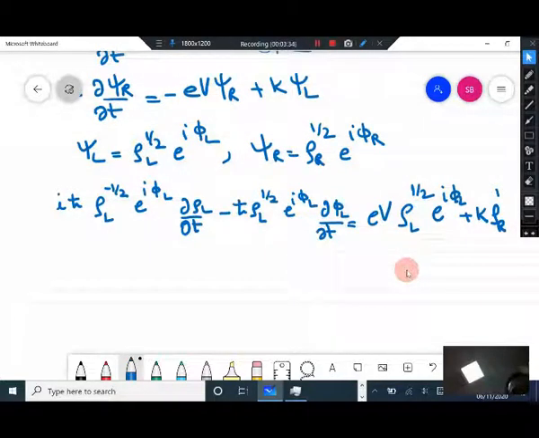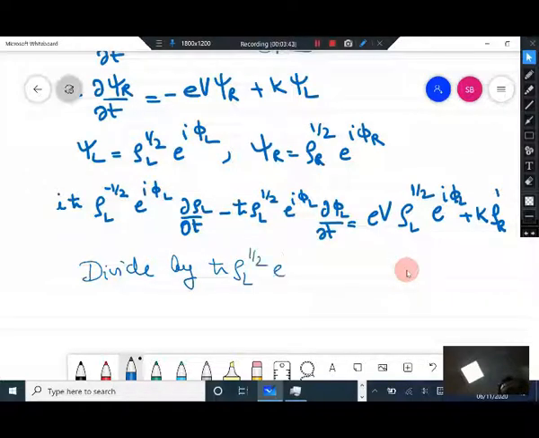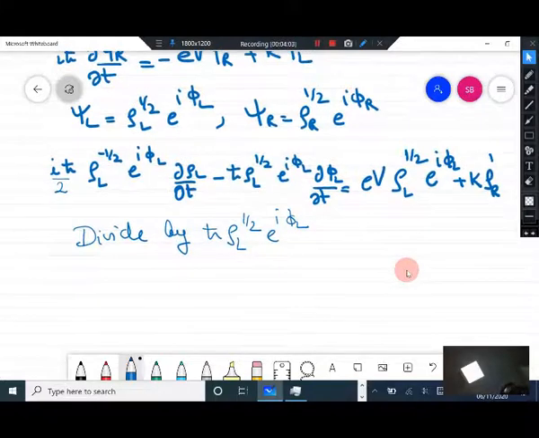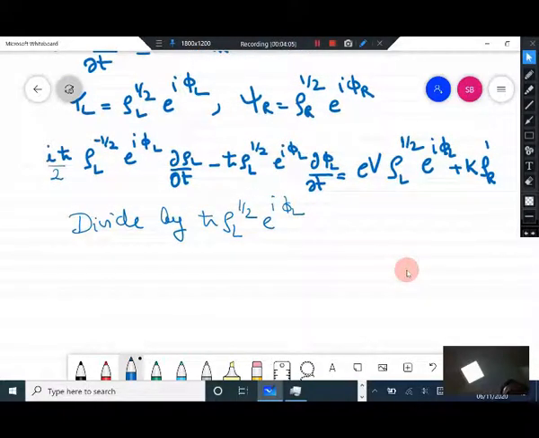Once you get this form, what you can do is divide by h cross rho L raised to half e raised to i phi L, the phase. I think I made a mistake here. There should be a factor of 2 out here which I missed, because there is a half which will come from here.